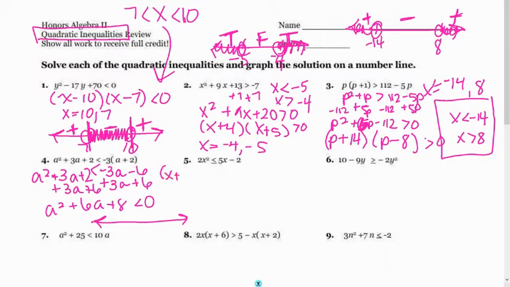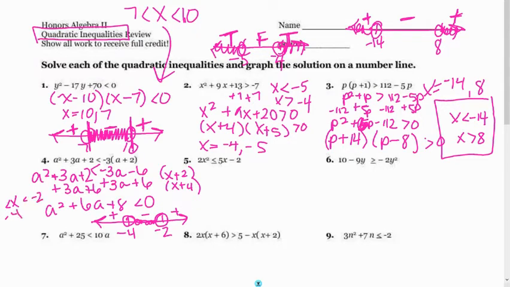So I get x plus 2 and x plus 4. So negative 4 and negative 2 are my zeros. I'm kind of skipping some of the steps because I'm running out of room. And then you're going to test your points, and you will find I want to know where it's less than 0, and that's in here. So x is between negative 4 and negative 2.